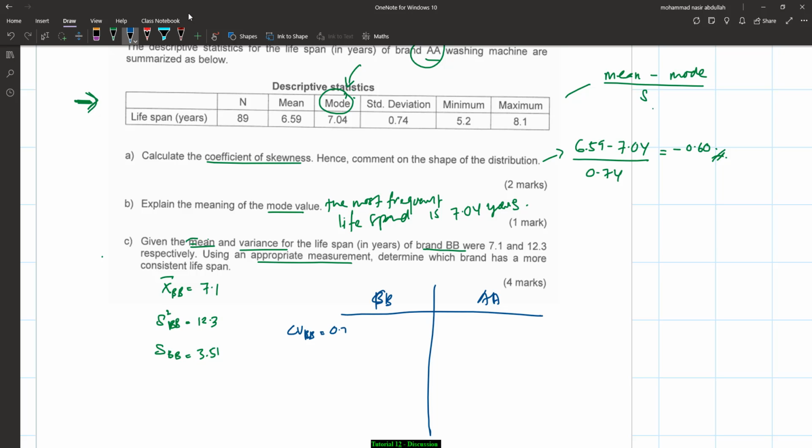Sorry, this is BB, I confused. So this is 3.51 divided by 7.1 multiply with 100%. So CVAA should be 0.74 divided by 6.59 multiply with 100%.